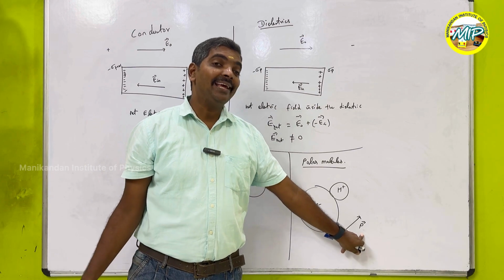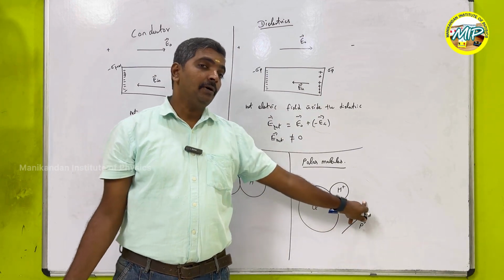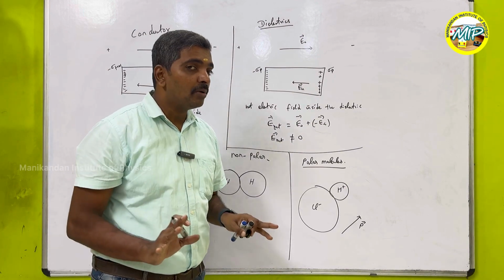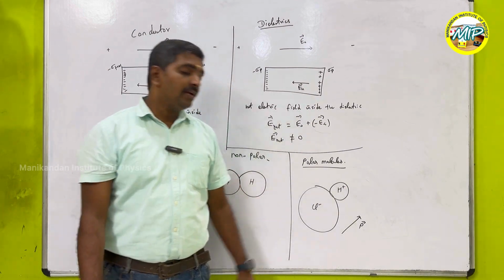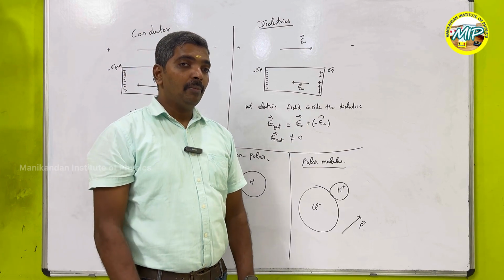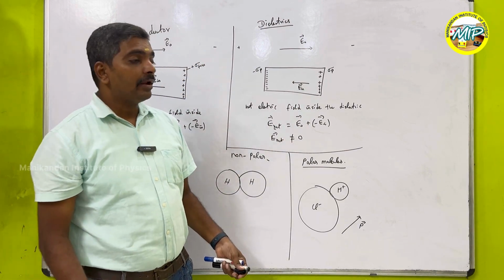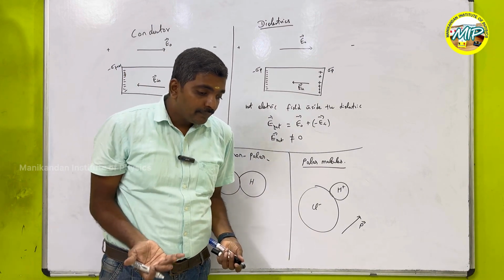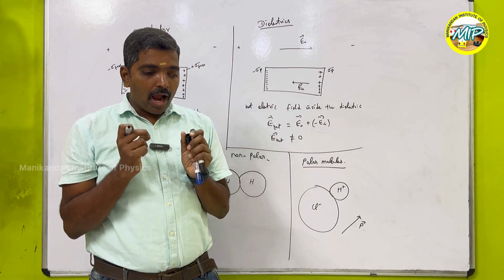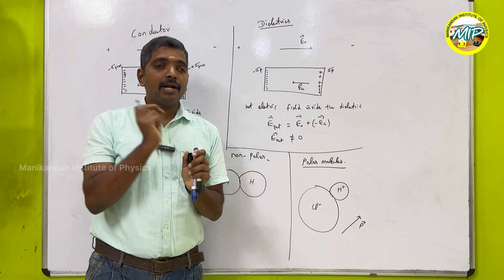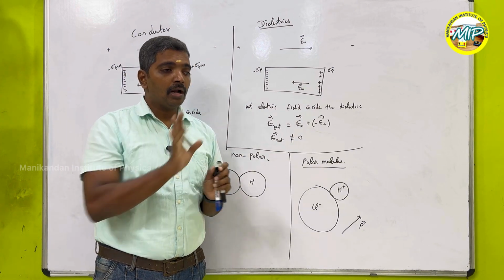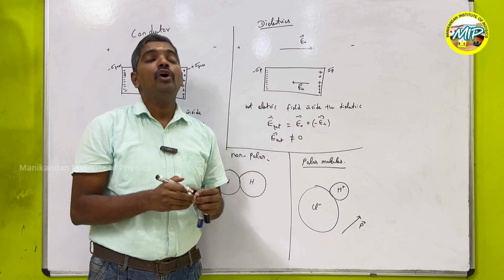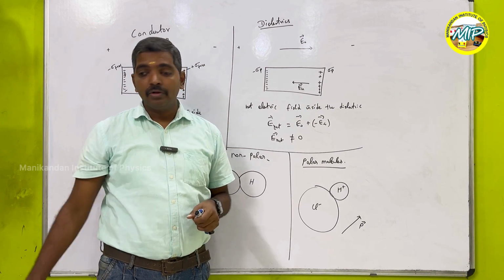This is called your dipole moment, which always flows from negative to positive. So in non-polar molecules, initially there is no intrinsic dipole moment. In polar molecules, initially we have an intrinsic dipole moment. To understand the dielectric material, we should know these things. Next, I am going to apply my electric field over a polar molecule and a non-polar molecule. Which molecule is preferable to store more energy, we are going to discuss now.